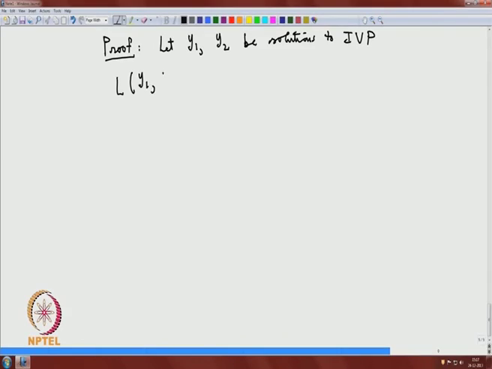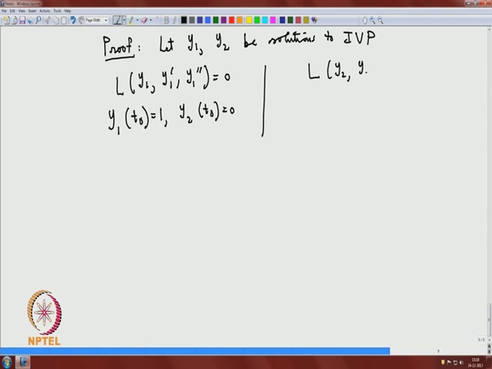So we have L of y1 equal to 0 with y1 at t naught equal to 1 and y1 prime at t naught equal to 0, and L of y2 equal to 0 with y2 at t naught equal to 0 and y2 prime at t naught equal to 1.